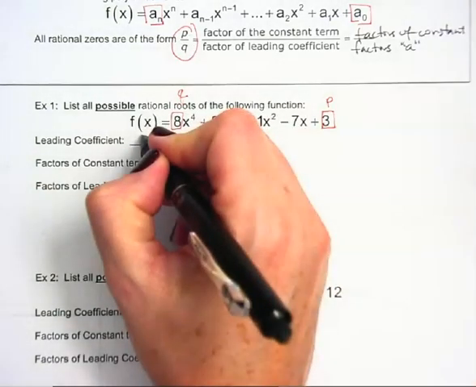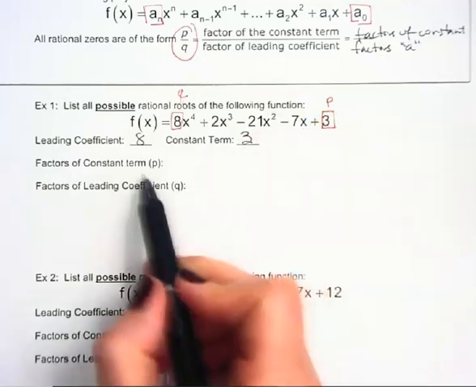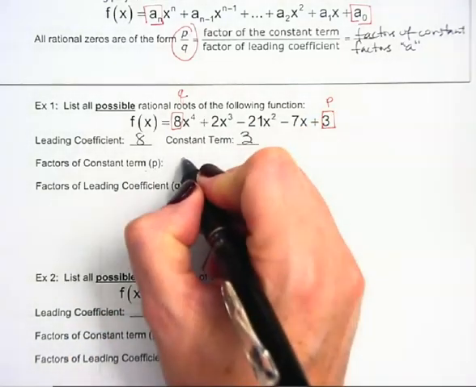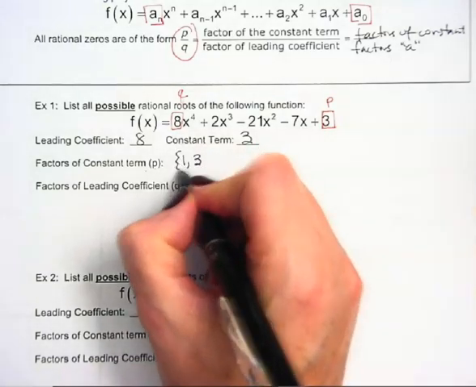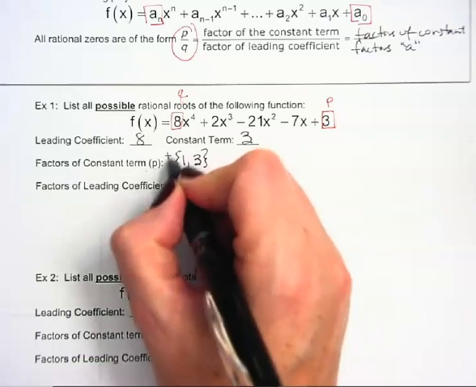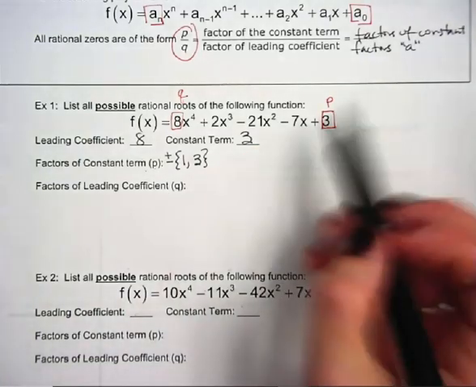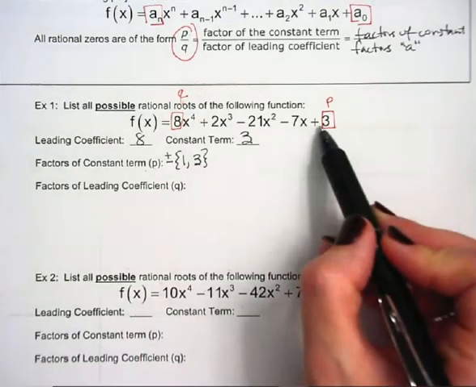So the leading coefficient was 8, and the constant term is 3. The factors of the constant term p are 1 and 3, but not just 1 and 3, the positive and negative versions of it, because positive 1 times positive 3 gives me positive 3, but negative 1 times negative 3 also gives me that.